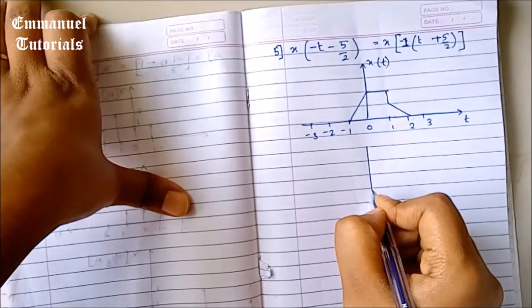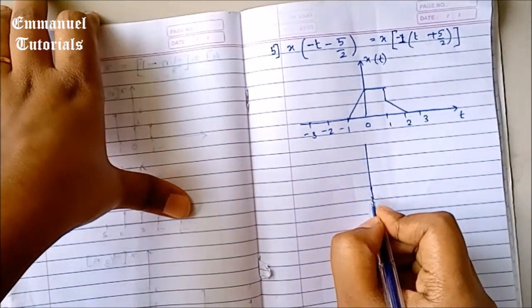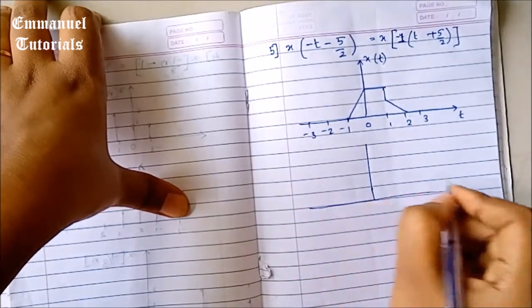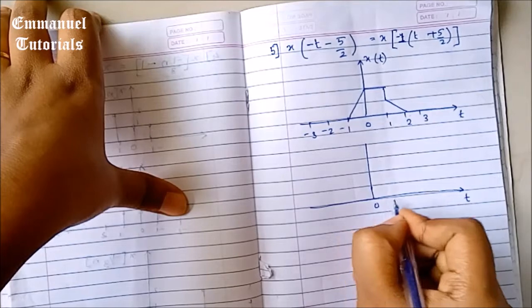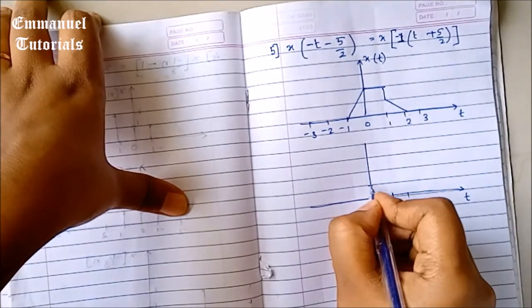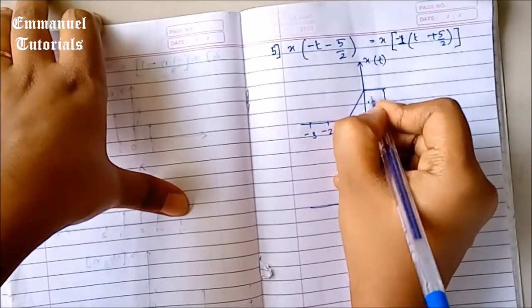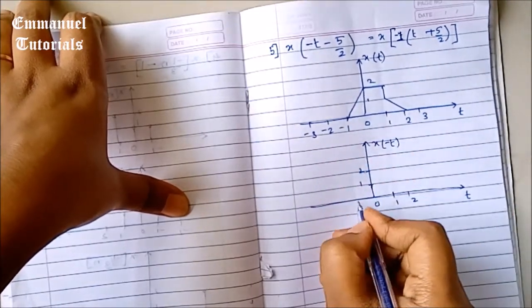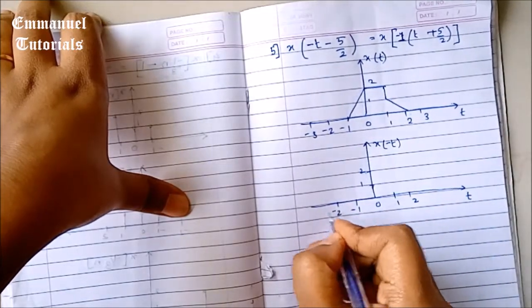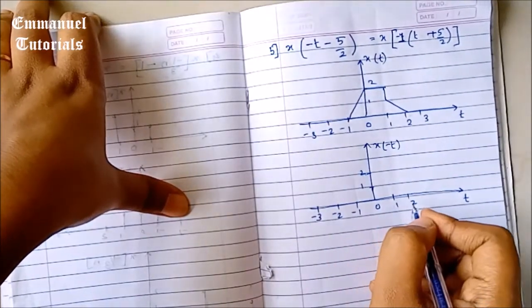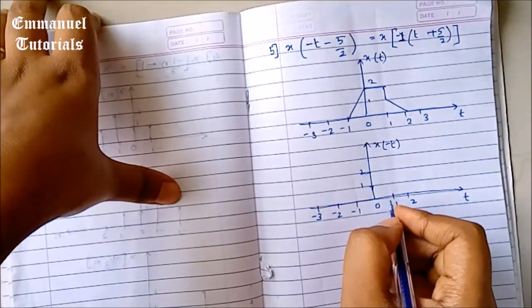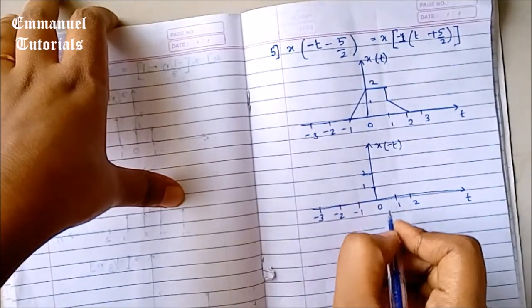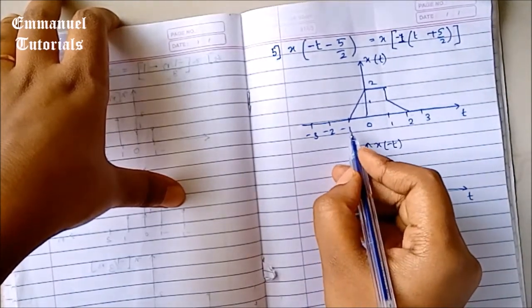So first we'll perform time reversal. So here at minus 1 the amplitude is 0.